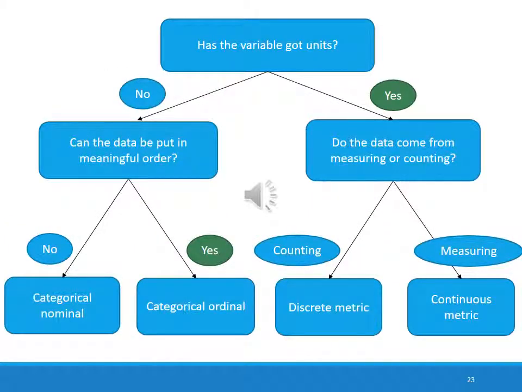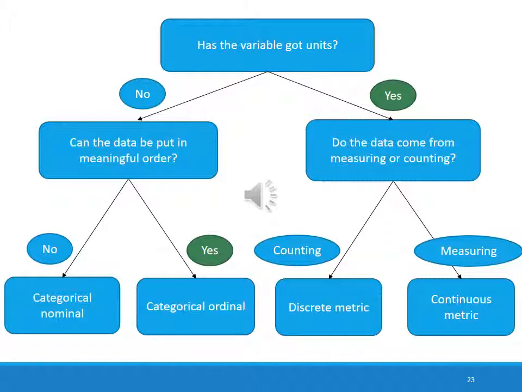This flow diagram helps us in deciding the type of variables we are dealing with. First is to see if the variables have units. If not, we can put them in qualitative type of data. Next step is to see if the data can be put in meaningful order. If yes, they are considered ordinal data, and if not, they are considered nominal.